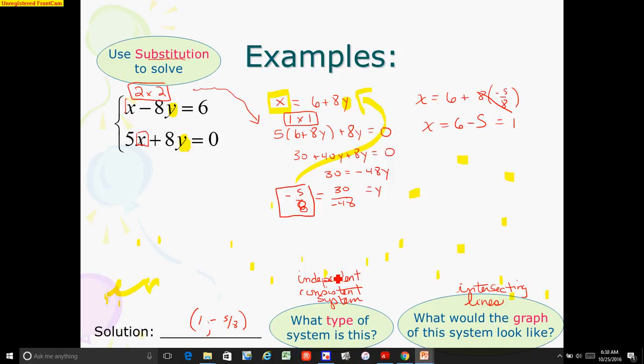If they had not told me to use substitution, I don't know that I would have used substitution. I probably would have used the add down method, since function 1 and function 2 are both in standard form, and all my x's and y's line up nicely.